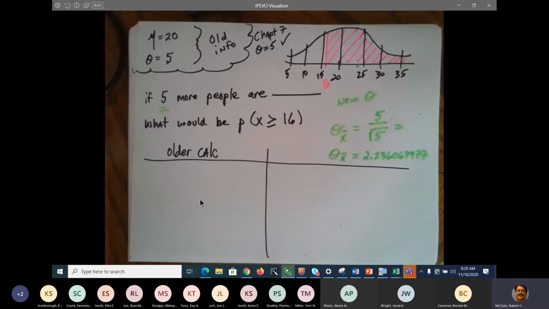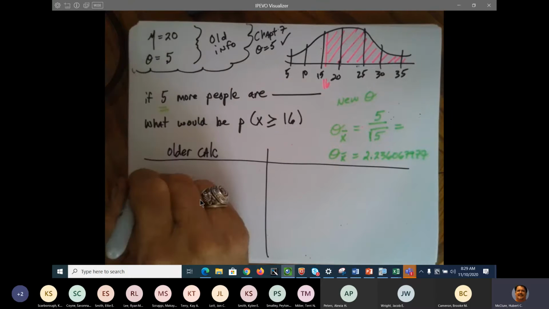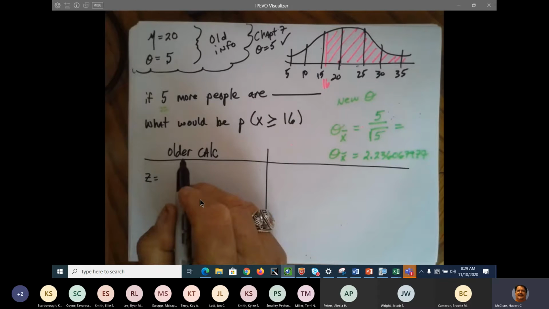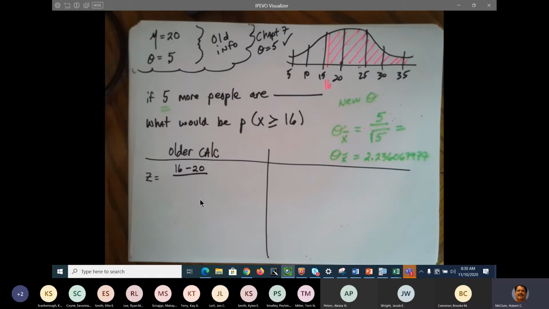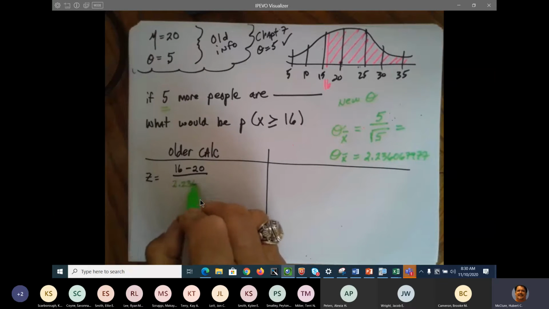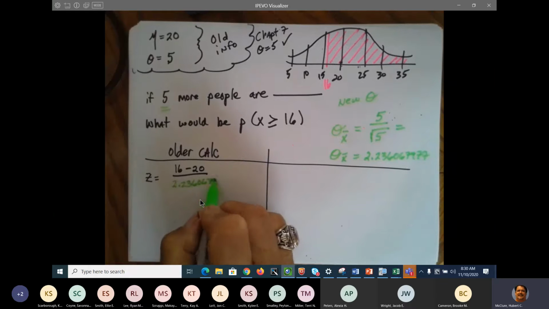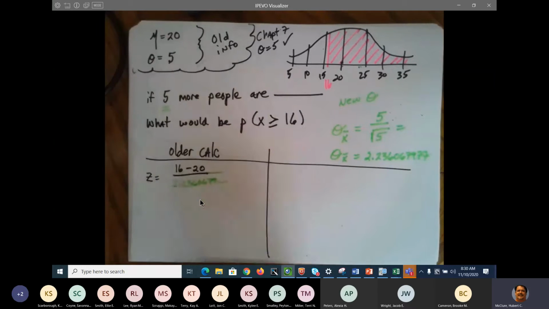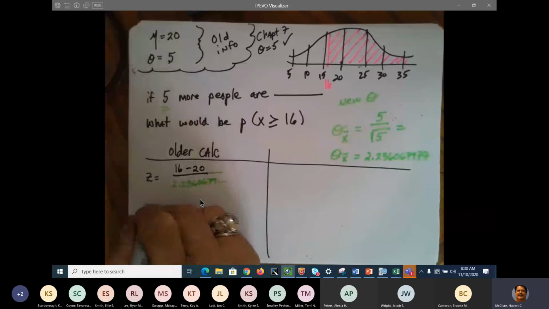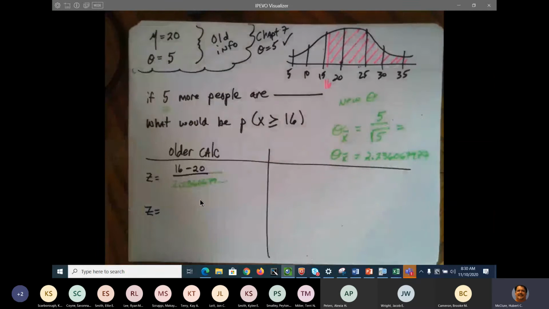So with an older calculator, I have to do a new z-score. So z is equal to 16 minus 20 divided by my new standard deviation, which is 2.2360679 and so on.